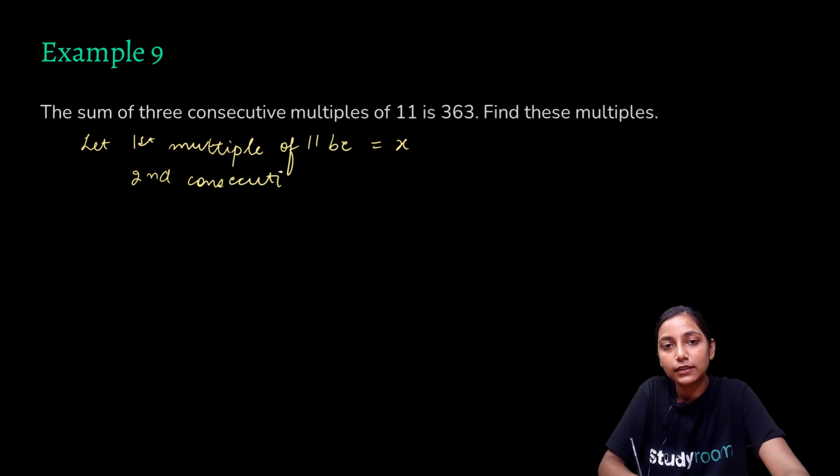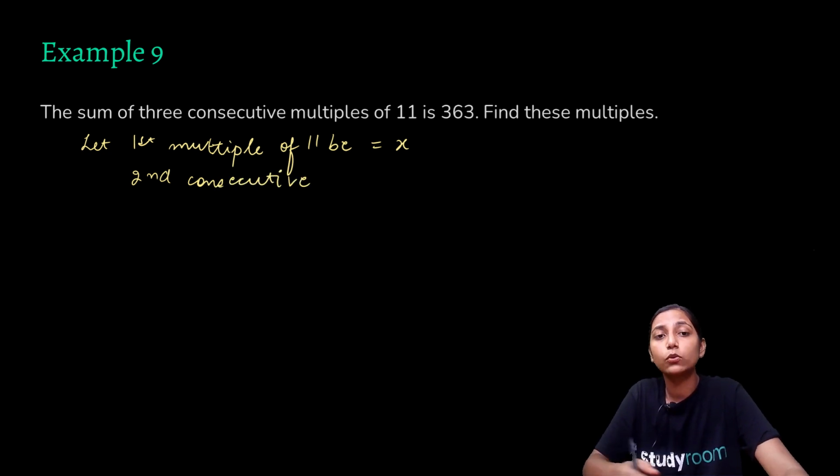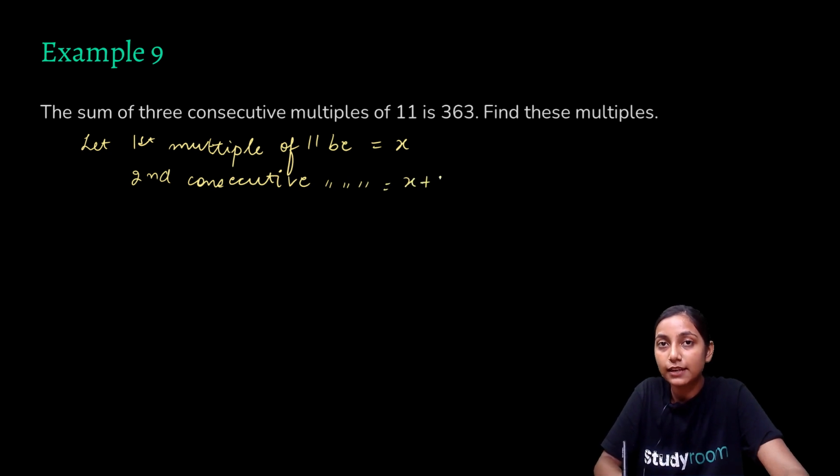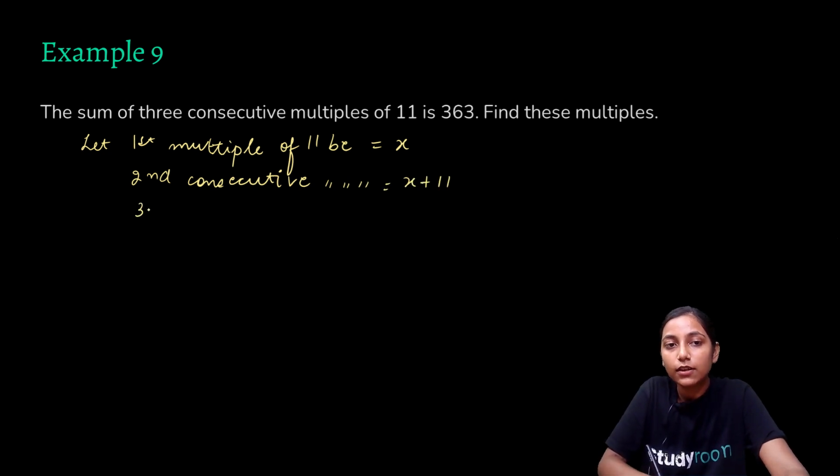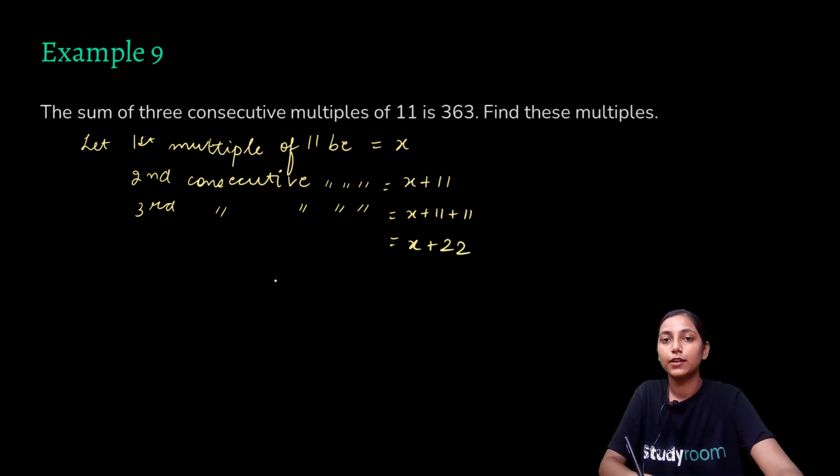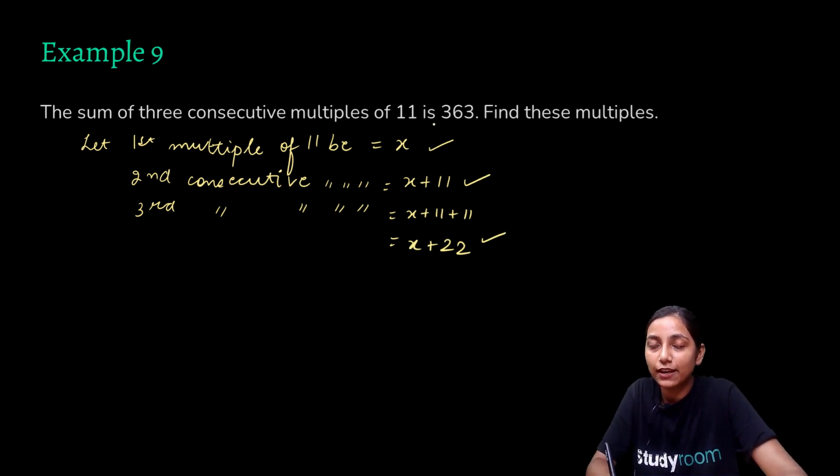Consecutive means just like together, not having any gaps. So the second consecutive multiple of 11 will be x plus 11. The third consecutive multiple of 11 is going to be x plus 11 plus 11, that is x plus 22. So these are the three consecutive multiples of 11.